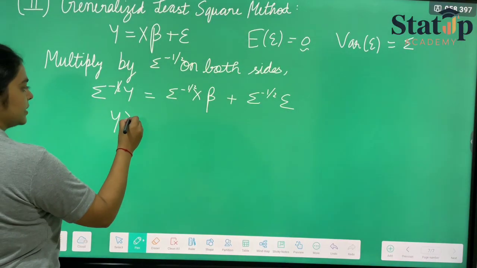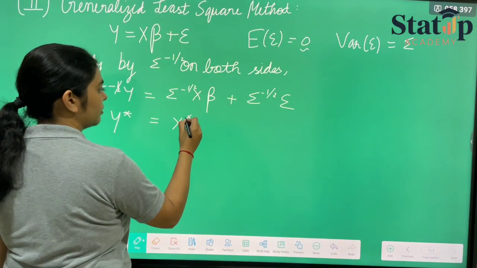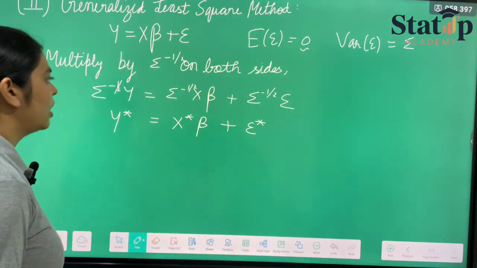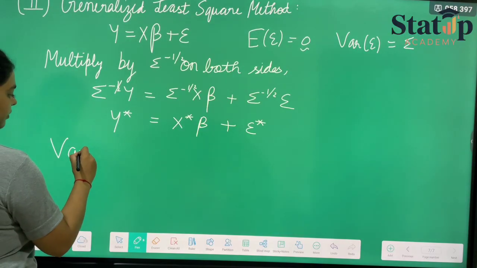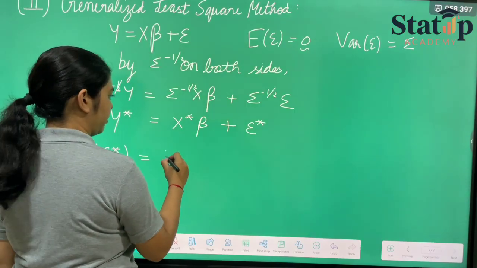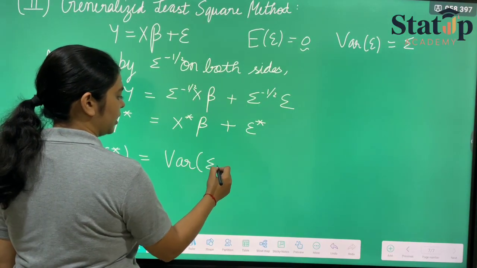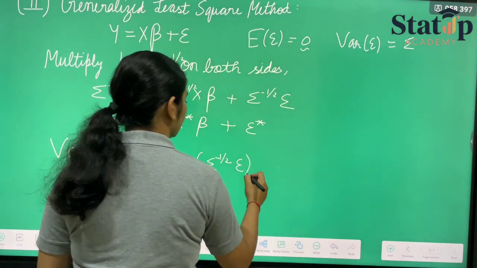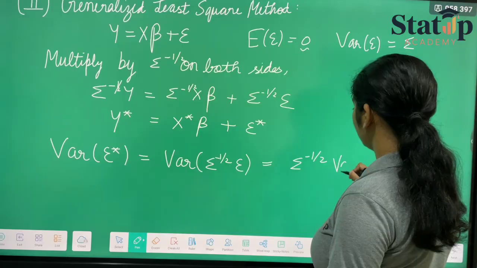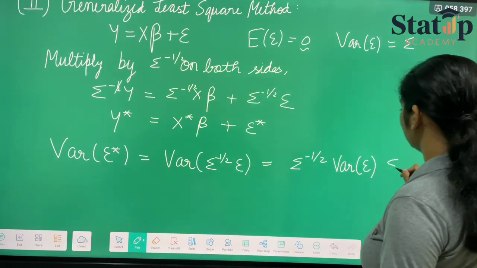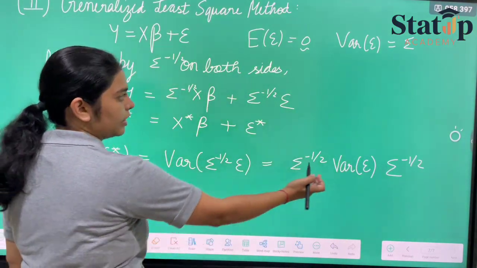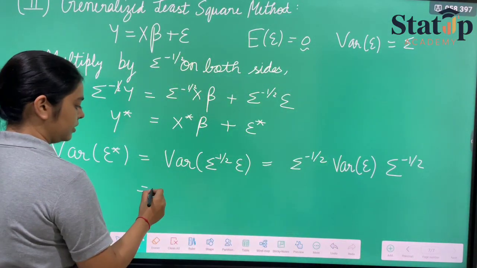Now this will become y star, this will be x star beta, and this will be epsilon star. Now we will calculate the variance of epsilon star, which is nothing but variance of sigma inverse half epsilon, which is sigma inverse half variance of epsilon sigma inverse half. Now again, taking variance of epsilon from here, we will get sigma.